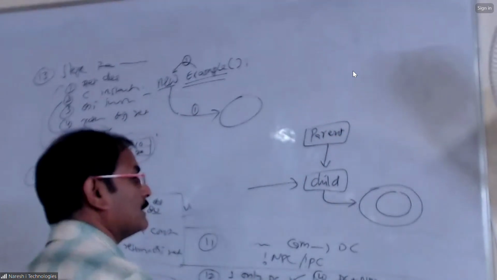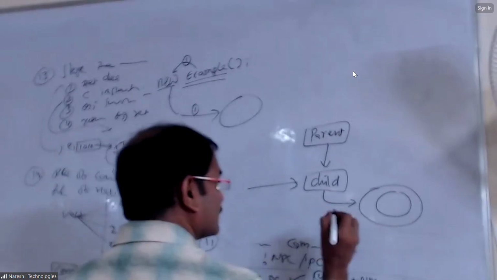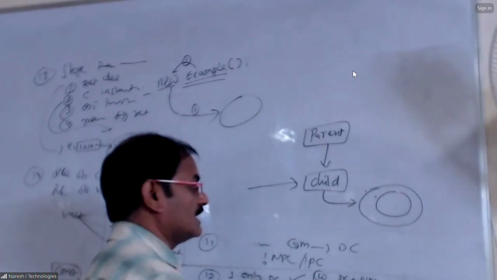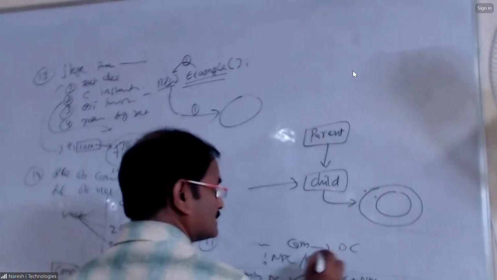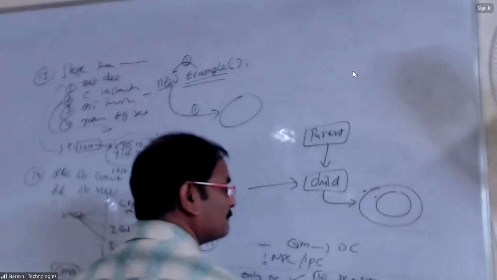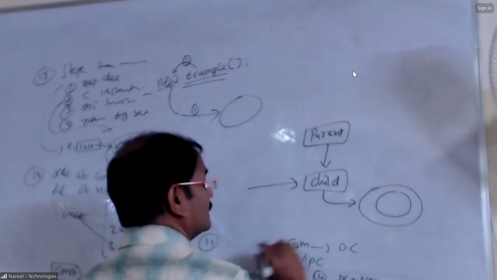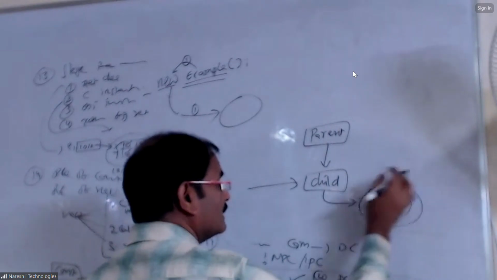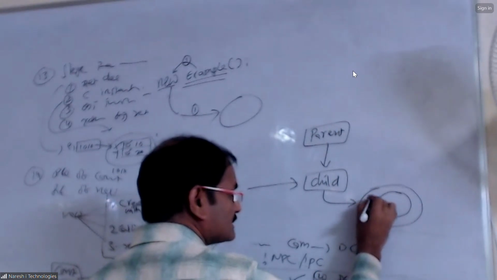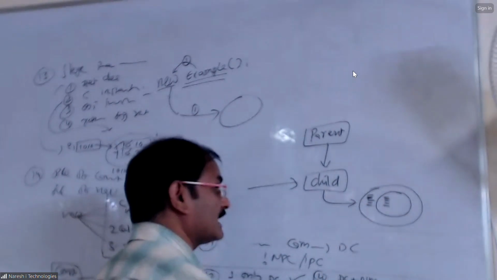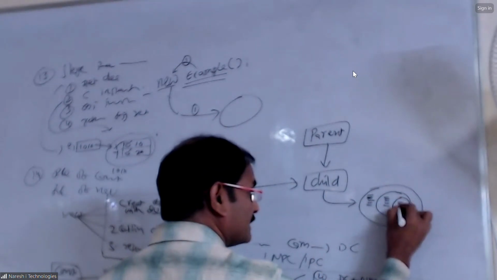In the property document, it is clearly written: this is self-earned, this is from the parent, this is your own. So inside the child document, these are the child's own properties, these are the properties inherited from the parent, and these are the properties inherited from the grandparent.